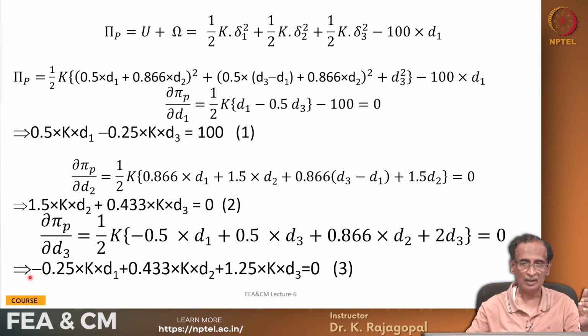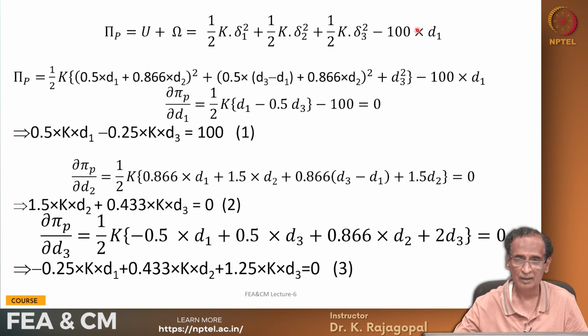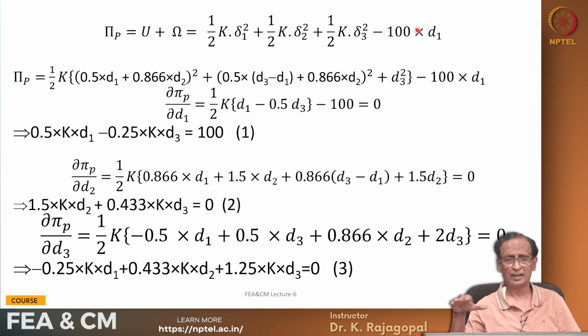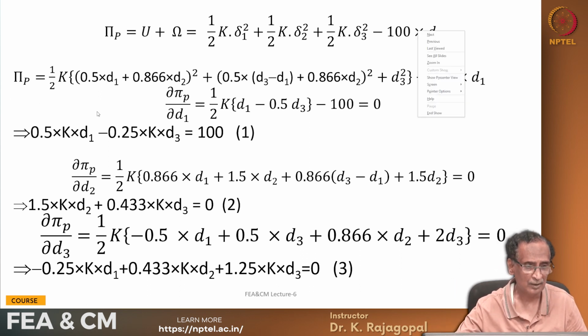And so our total potential is 1 half k delta 1 square plus 1 half k delta 2 square plus 1 half k delta 3 square minus a load of 100 applied in x direction at node 2, the deformation is d1. So this is your total potential.